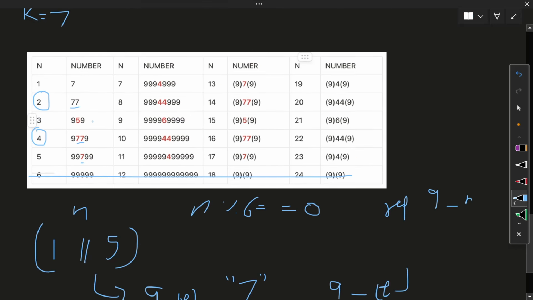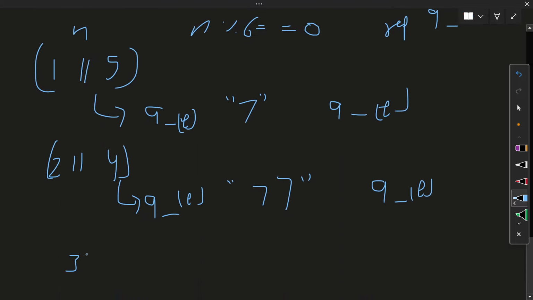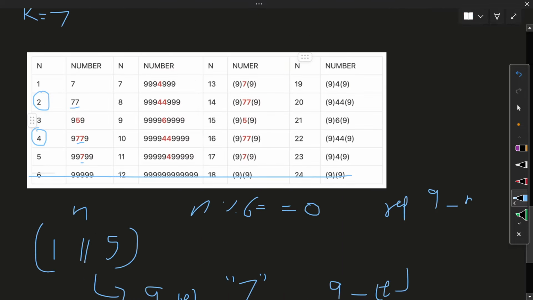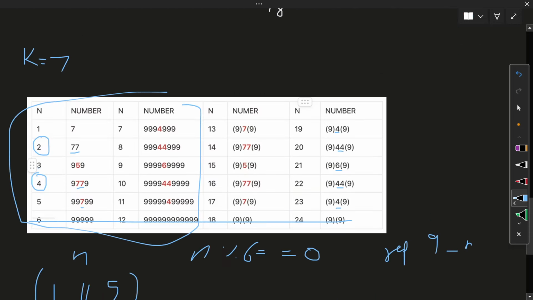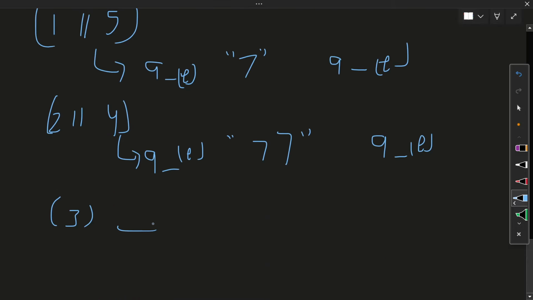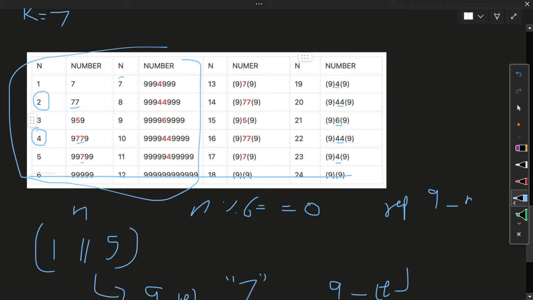If the remainder is 3, we want to fill 5. We have a pattern for 12: 4, 44, this is the same, 6, 44 and 4. So if the remainder is 3, then we have to fill 5 in between. And if the remainder is 7 or 11, we have to fill 4 in between.